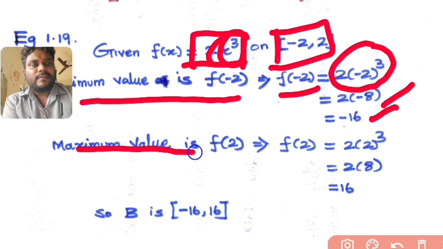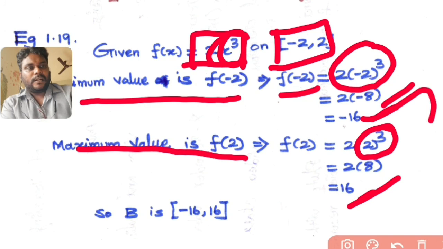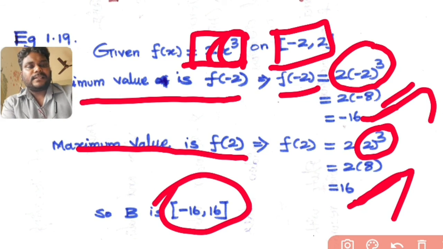Next, the maximum value is f of 2, which implies f of 2 equal to 2 into 2 cube. 2 cube value is 8, therefore 2 8s are 16. We have the minimum value and this is the maximum value. So b is -16 to +16, the required b value.